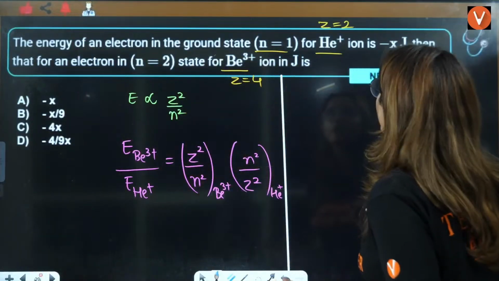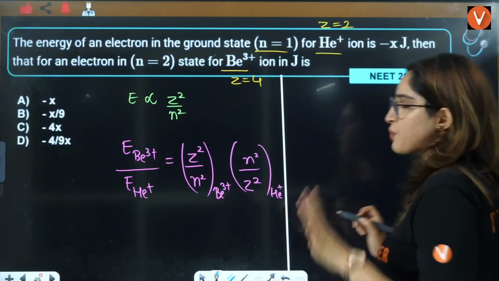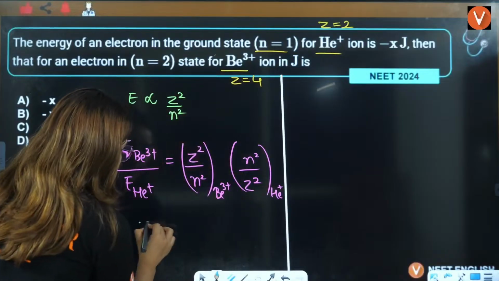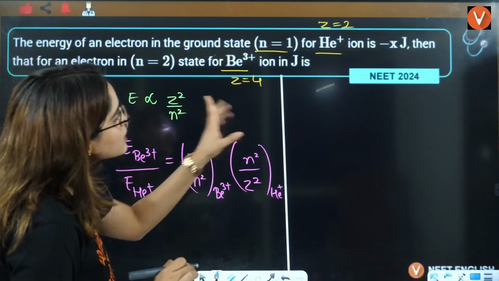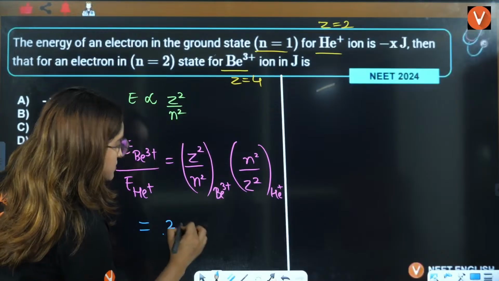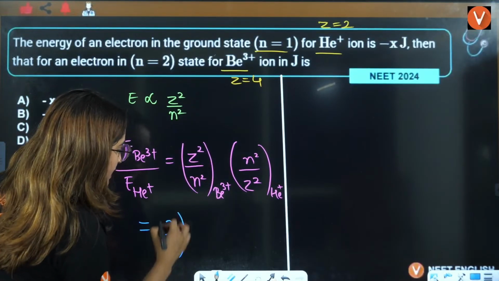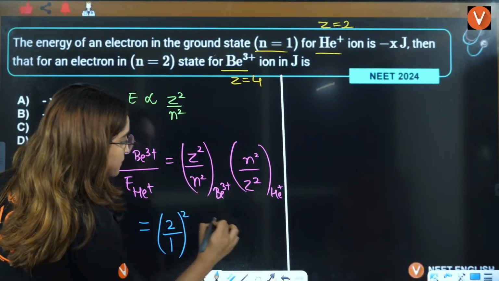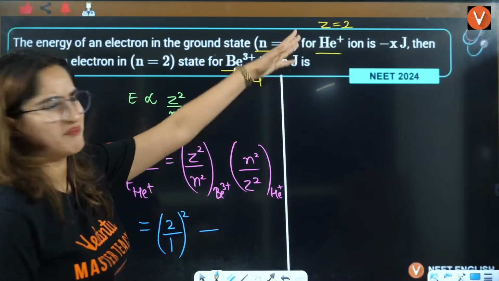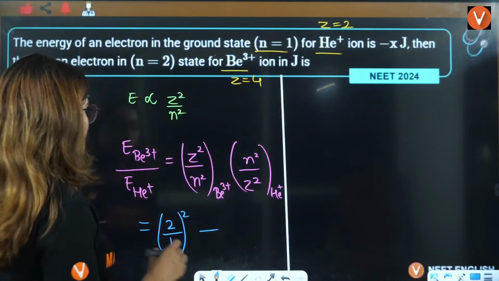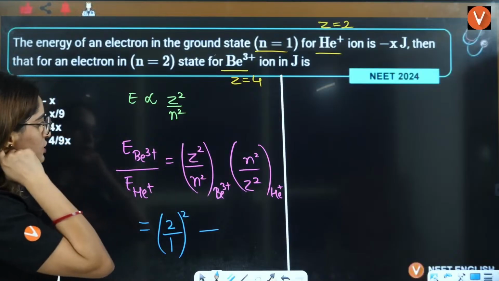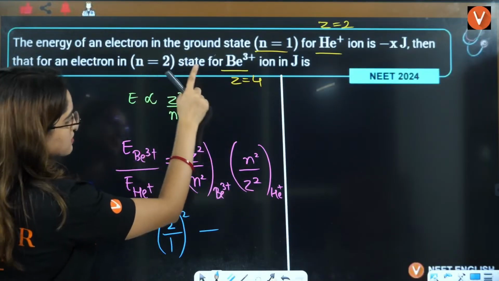Now, for helium positive, Z is 2 and n is 1, and you take the square.